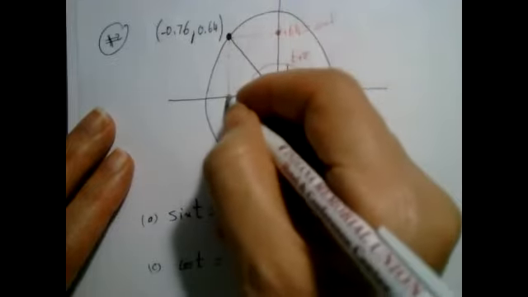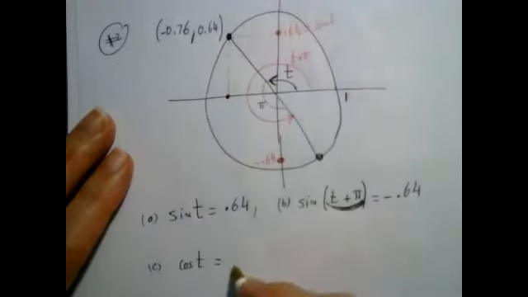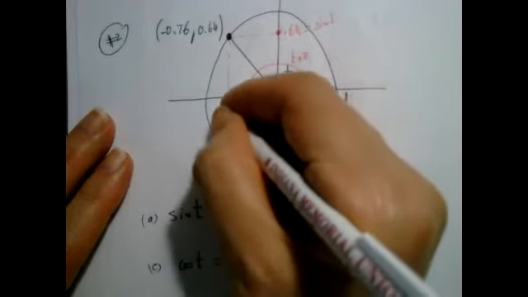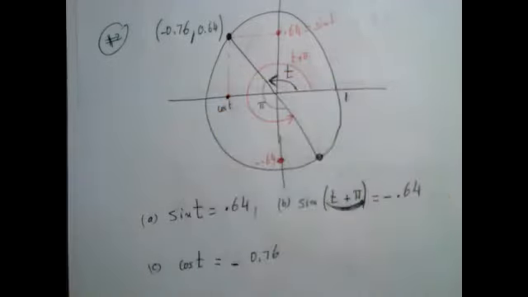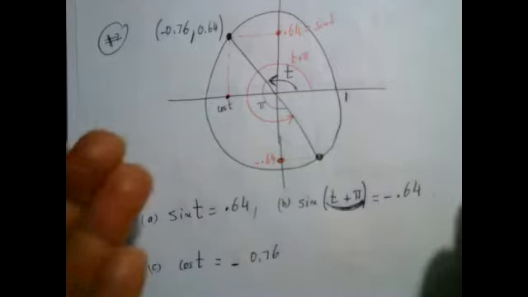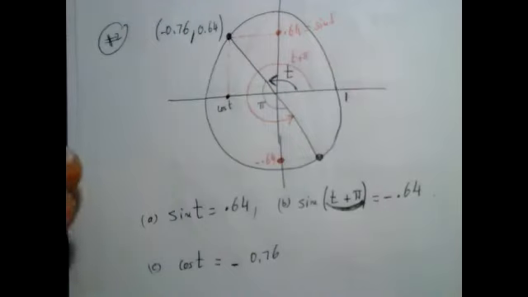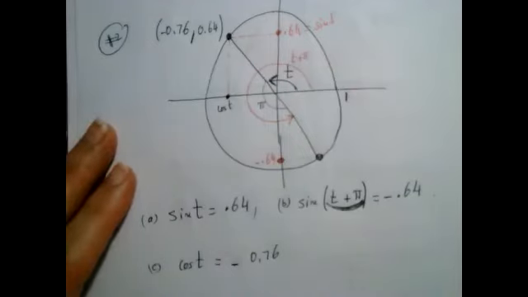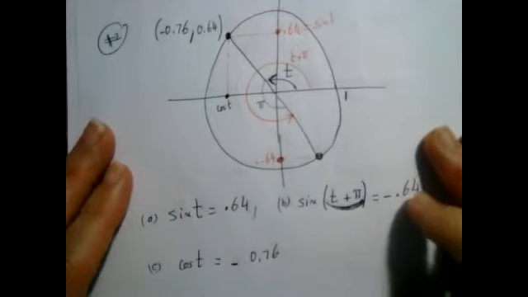Exactly, because that's the angle. That's the definition. It's the x coordinate, which is the minus 0.76. This is the cosine of T, because that's the definition. And I know what's hard about this idea is that the definition of cosine is the x coordinate. But it is what it is. That's the definition. I cannot really change it. Very good. So that's minus.